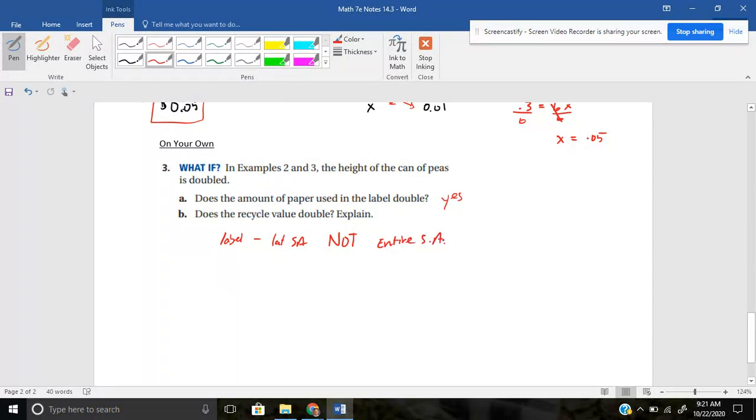Okay, because the surface area of the can does not double, the recycle value does not double. So that's a no. I'll say that again. Only the lateral surface area is doubled. Because the surface area of the can does not double, the recycle value does not double. So that would be no.